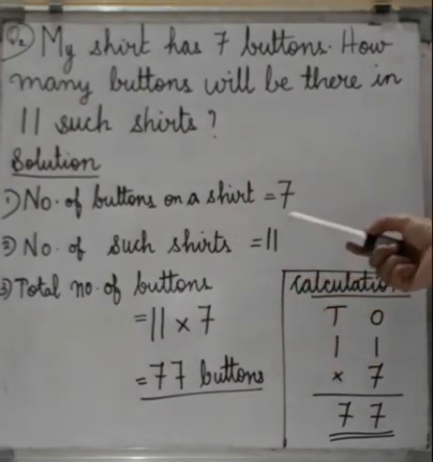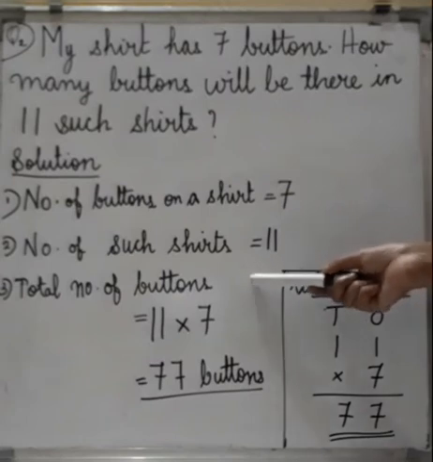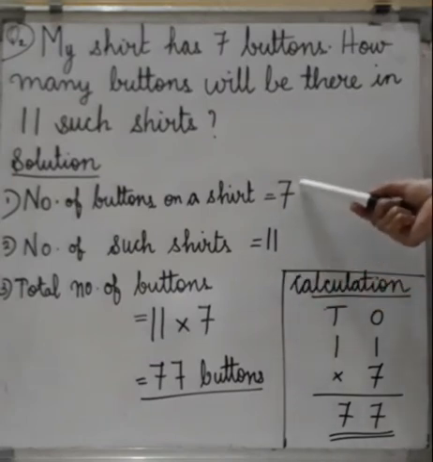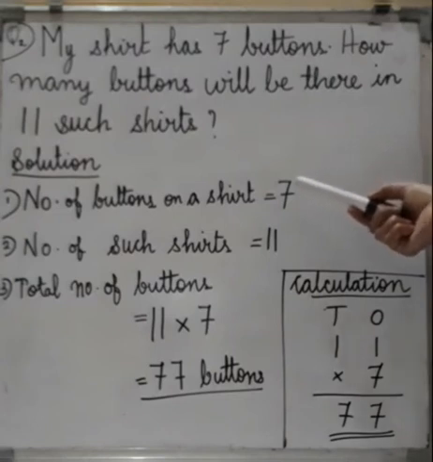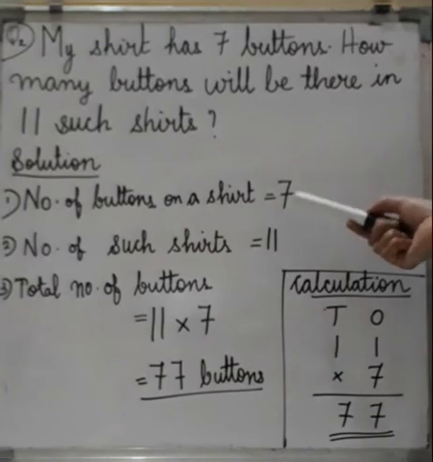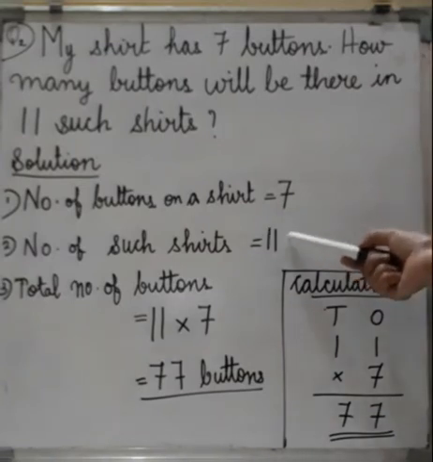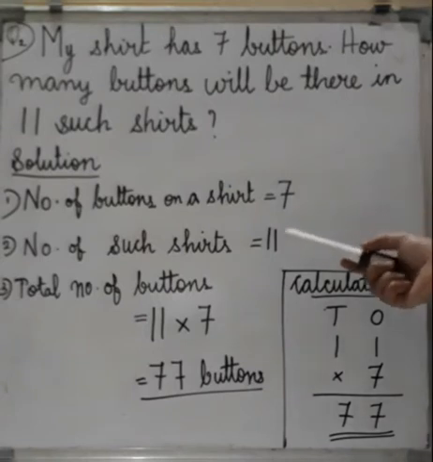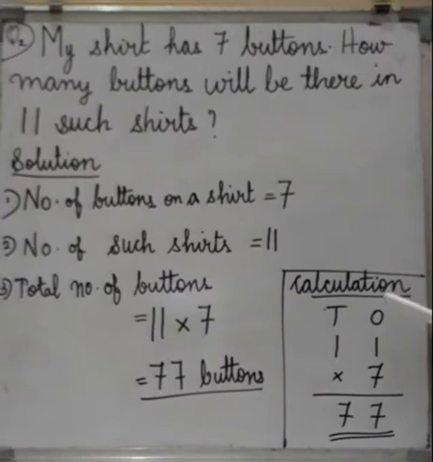To find out the total number of buttons, we have to multiply 11 with 7, that is, number of buttons on a shirt with number of shirts. Now here we are going to do the calculation.